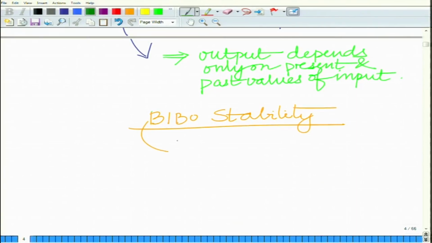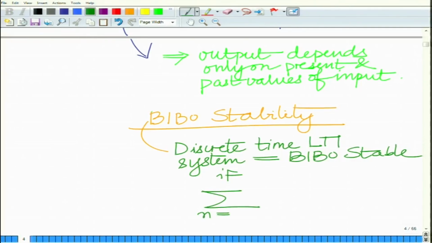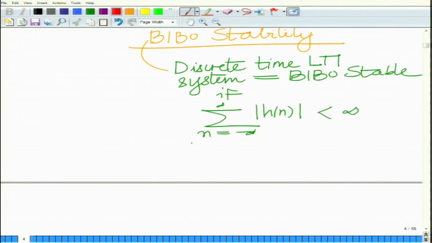Your discrete time LTI system is BIBO stable if summation n equal to minus infinity to infinity of magnitude h of n is less than infinity, which implies that this quantity is absolutely summable, that is, a finite quantity.